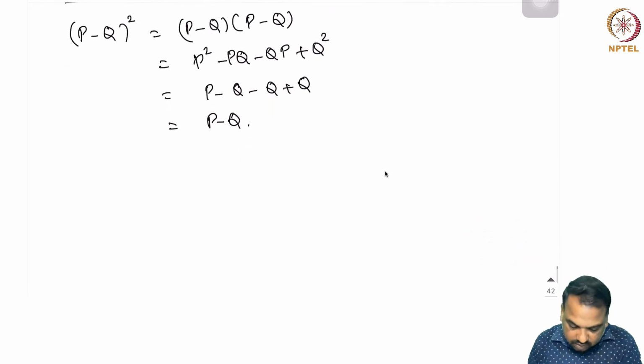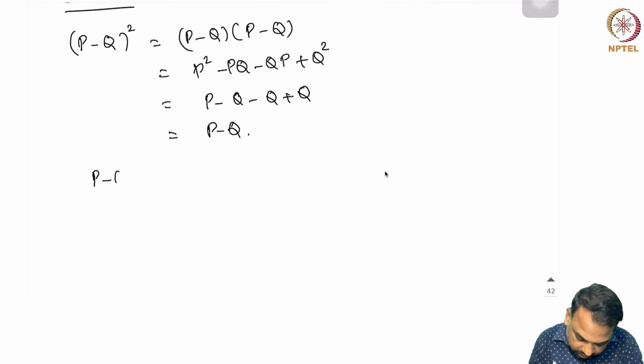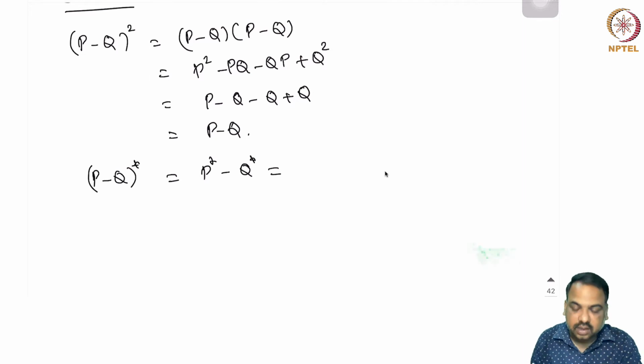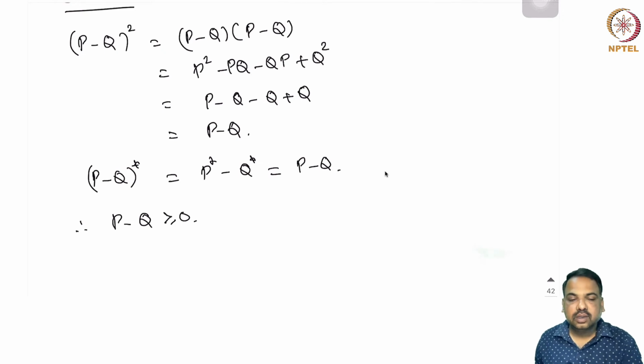So P minus Q is idempotent, or a projection, and we also know that (P minus Q)* is P* minus Q*, that is nothing but P minus Q. Hence P minus Q is greater than or equal to 0. It's an orthogonal projection.